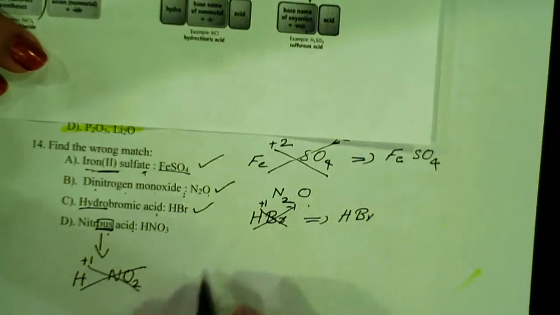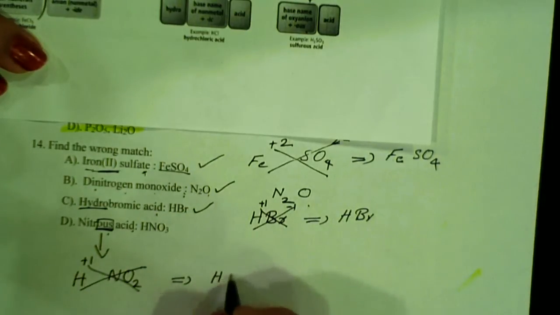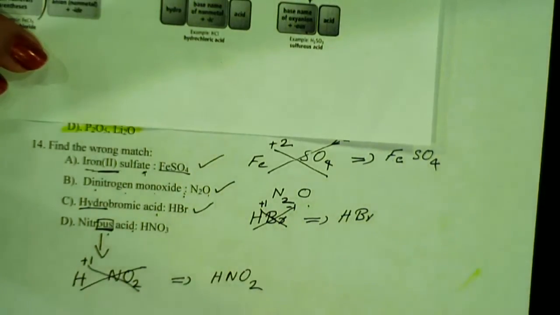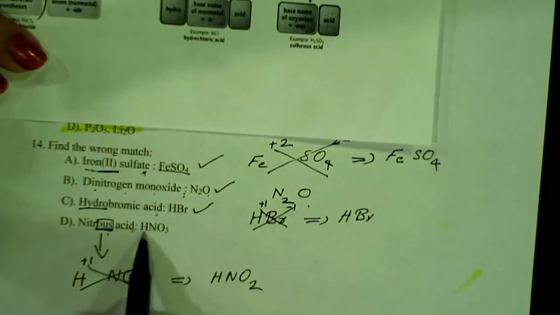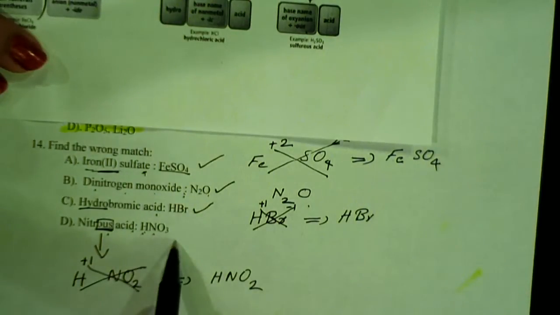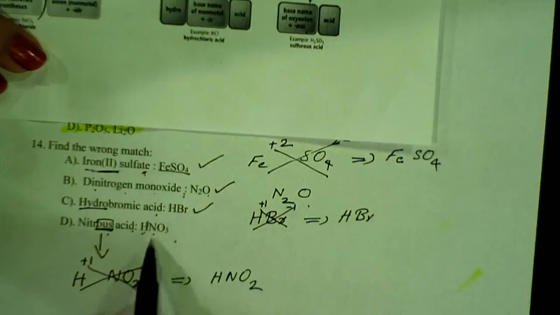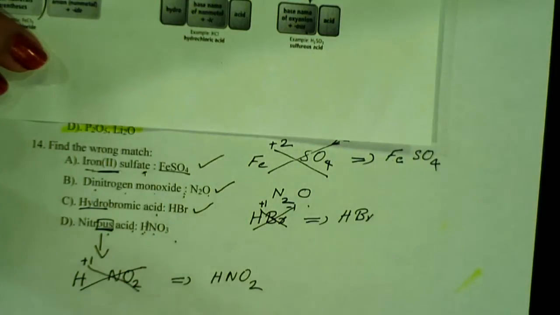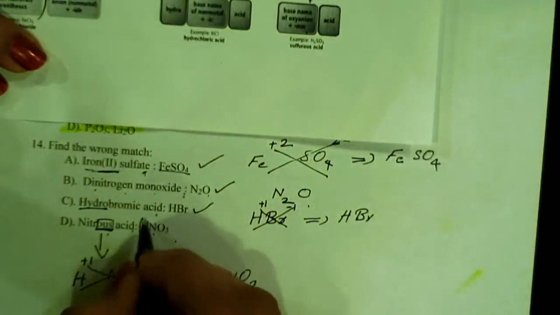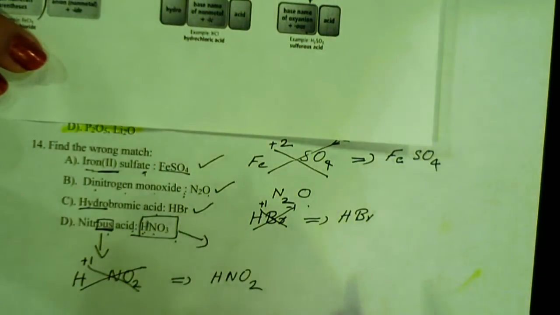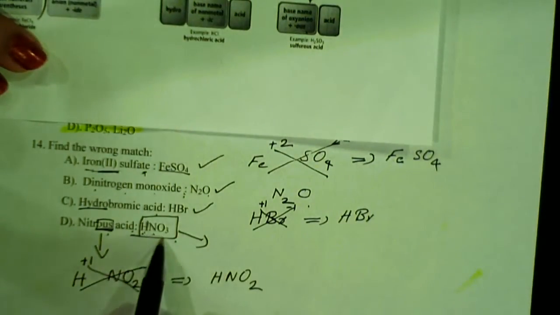So it is nitrous, so the polyatomic ion present will be nitrite, which is NO2 negative. Okay. You have hydrogen and this NO2 negative. Hydrogen's usual charge is positive, and nitrite's usual charge is -1.